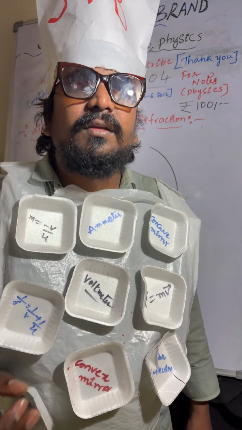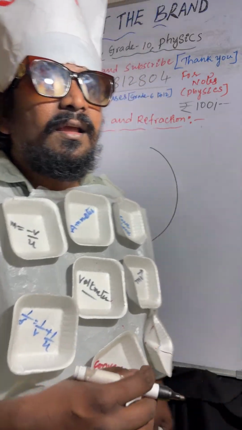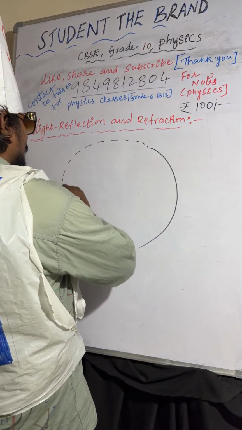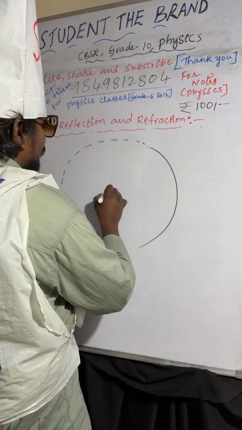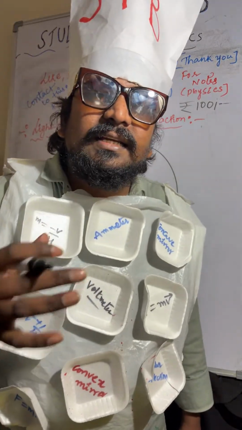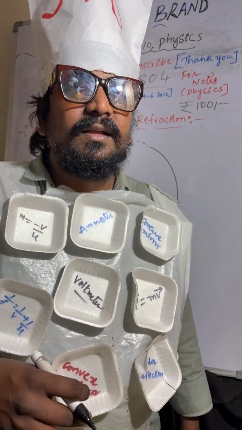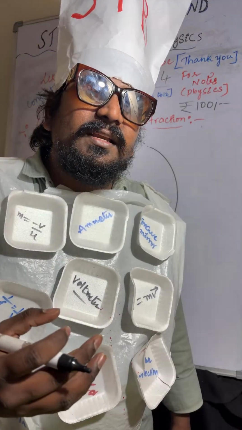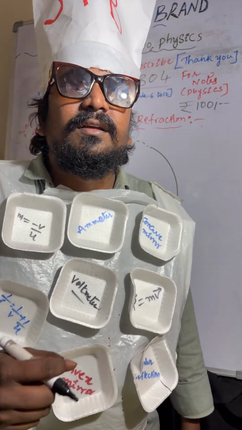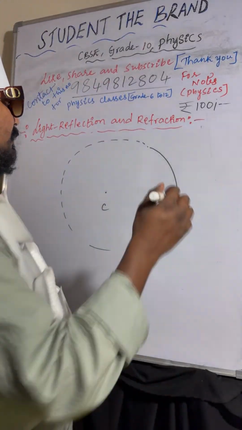This is the center of the imaginary sphere of which the mirror is a part. The center of the imaginary sphere of which the mirror is a part is called the center of curvature. So here you can observe.